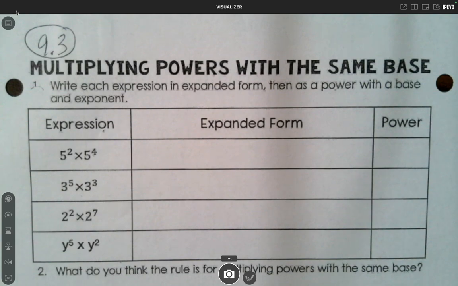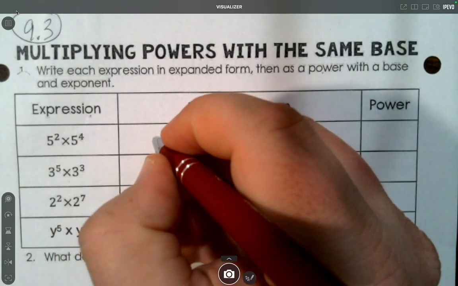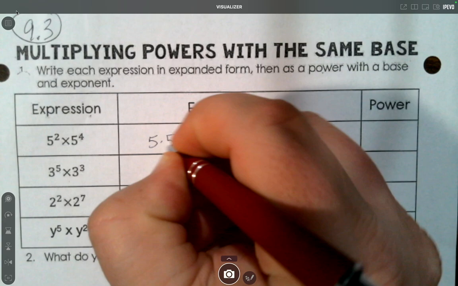But I really do think showing you this at the beginning is valuable because one essential thing in understanding these rules is remembering what an exponent really means. So for example, 5 squared means 5 times 5.